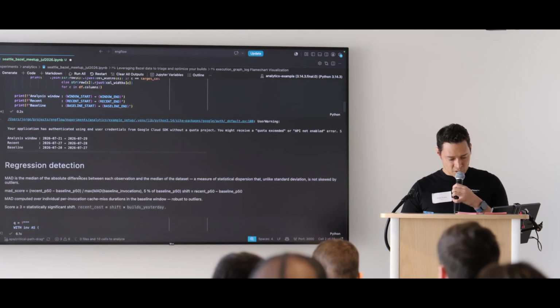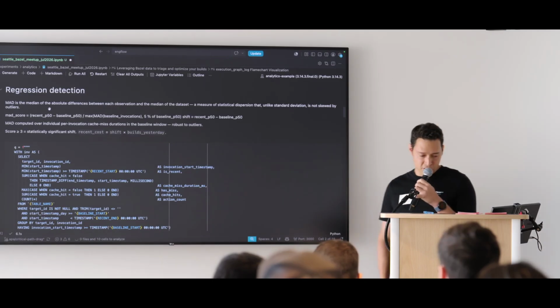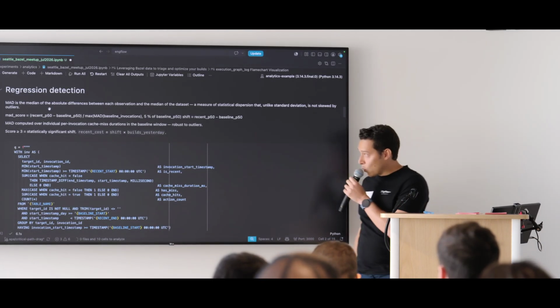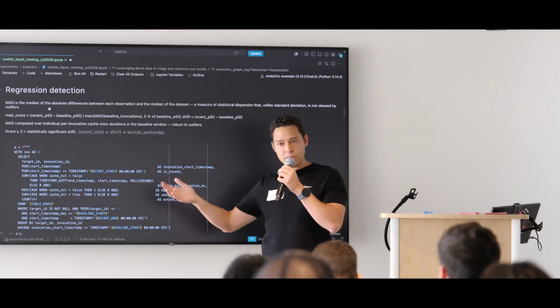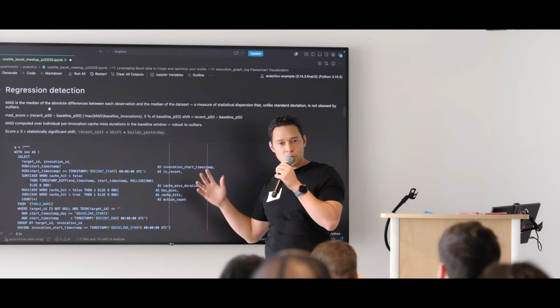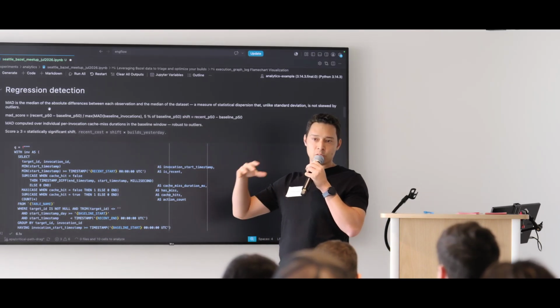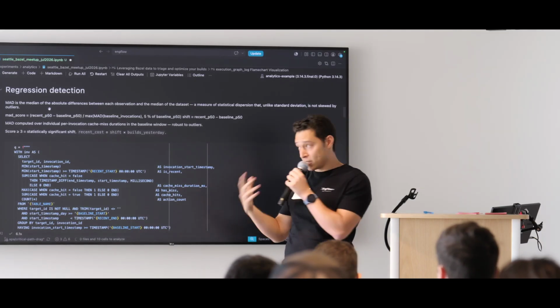And then you are going to be looking at something like this, which is regression detection, which I like a lot, because it's going to be looking at the median absolute difference across the things that we are doing. Why is this different from what you are normally using? Because it's looking at how your builds were behaving during the last 10 days or 2 weeks or whatever range you decide.